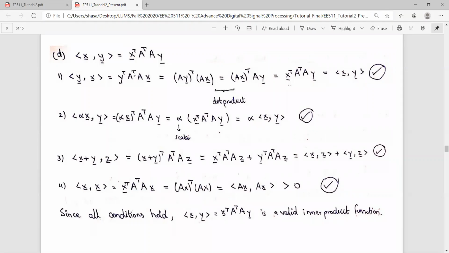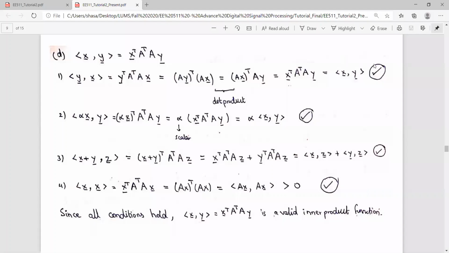So I see that, all right, I can do a whole transpose here, and this is equivalent to (Ax) transpose times Ay. We can see that it's really the expression of a dot product, or we can maybe open it up and visualize it that way. But since it is equivalent, I just use (Ax) transpose Ay, ending up with this expression.